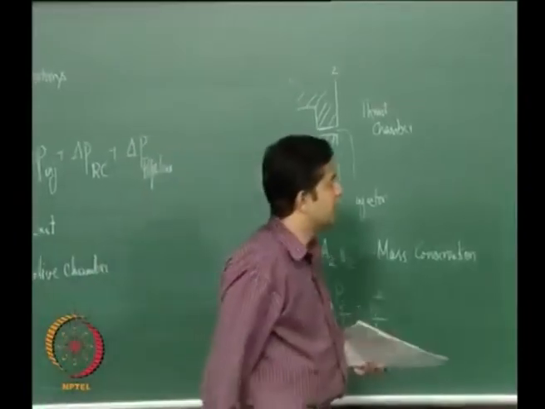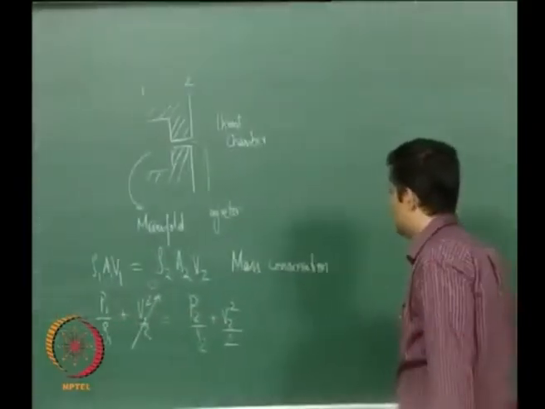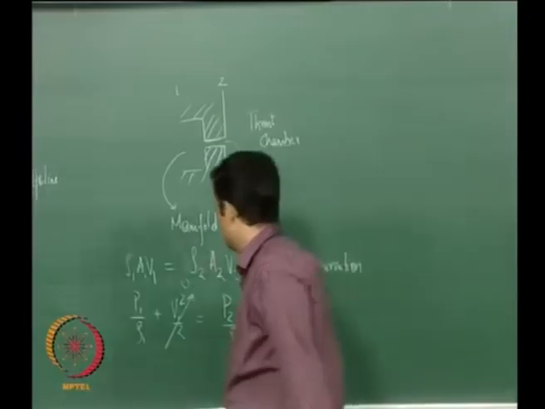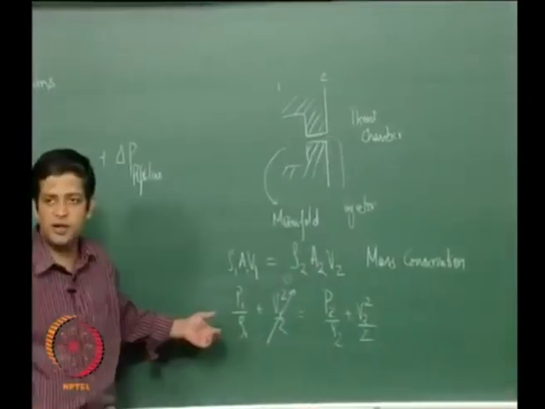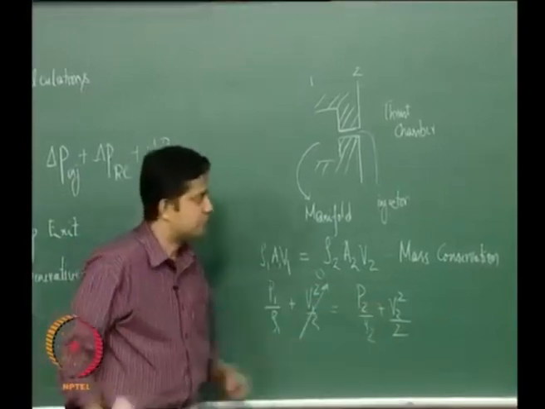So, we will get for pressure drop across the injector, you need to calculate the mass flow rate, so you need the velocity V2.